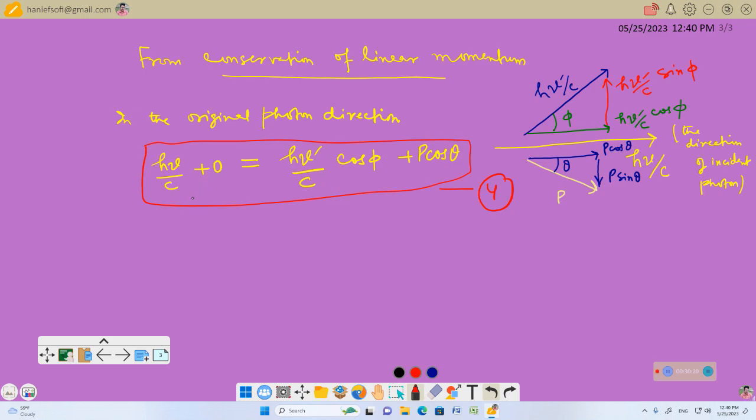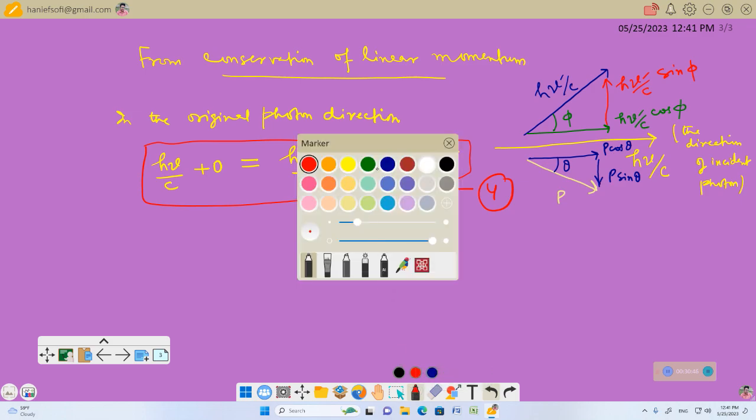This equation is clear, so don't get confused. H nu by c plus 0 is the momentum of the system in this direction before scattering. H nu prime by c cos phi plus p cos theta is the momentum of the system after scattering in the direction of the incident photon. Let me write another equation first, then I will explain another thing. Let me use maroon.